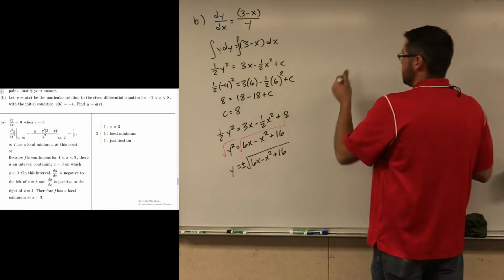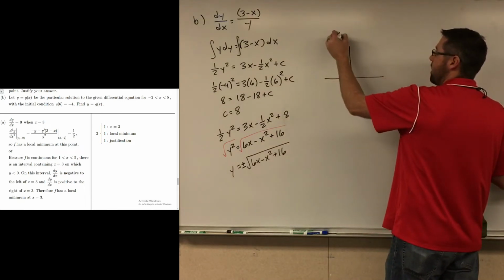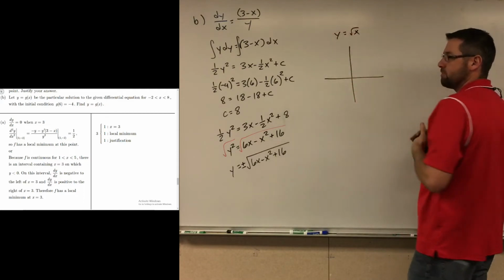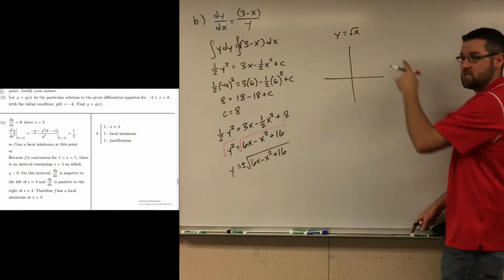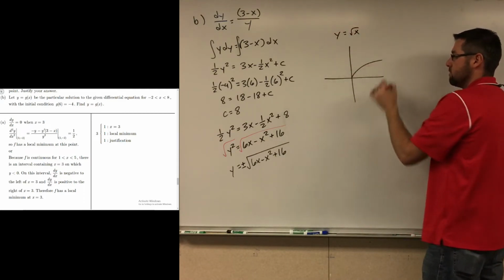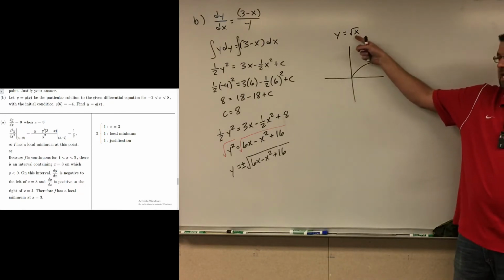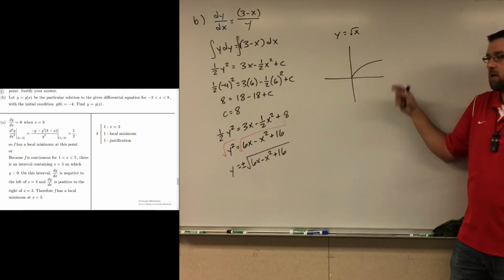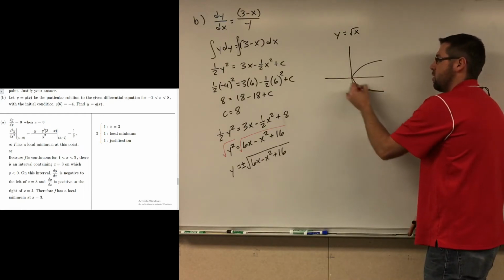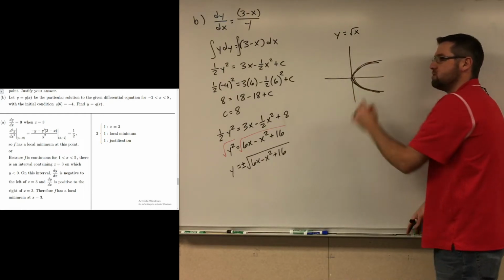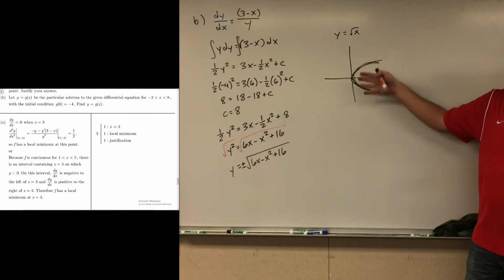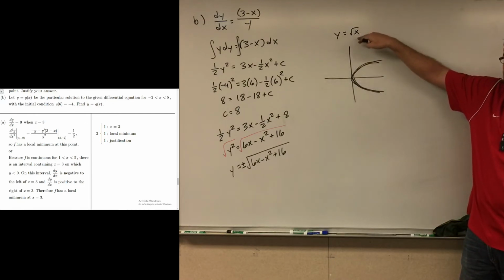The reason is this. Let's just look at a basic y equals rad x function. What's that look like? Half a parabola like that, right? The assumption when I put rad x is that it's the upper part, right? But it could also mean this. The only reason we don't do both is because this is not a function. But is this not true? It's just not a function.